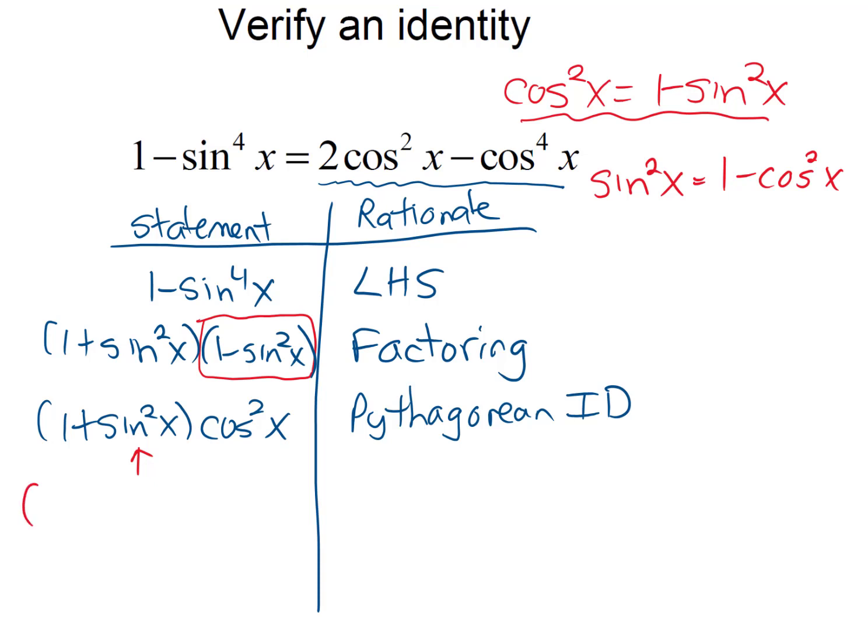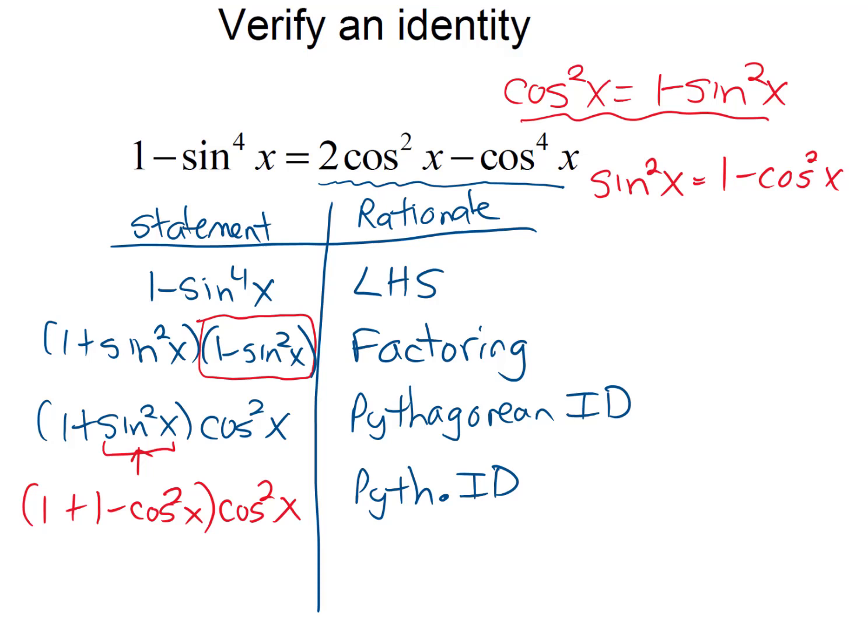So I'm going to have 1 on the front, and then replace this sine squared x with 1 minus cosine squared x, and then I still have this cosine squared x. My rationale there is I used the Pythagorean identity again, and if you want to, you can abbreviate it like this, with ID for identity. I would know what you mean.